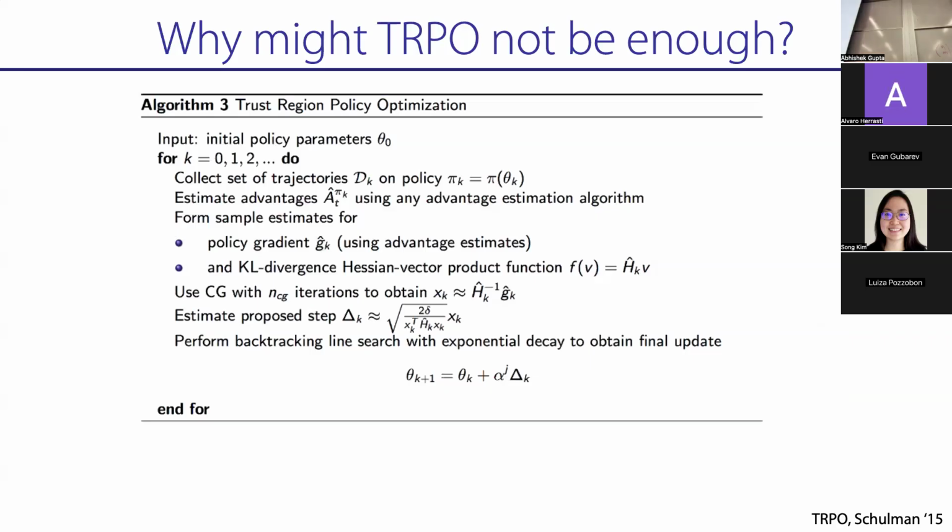I have a question. It seems like the state probabilities are assumed to be the same. Suppose there's some state that gives you a big reward, and your new policy slightly increases the probability of making it to that state.